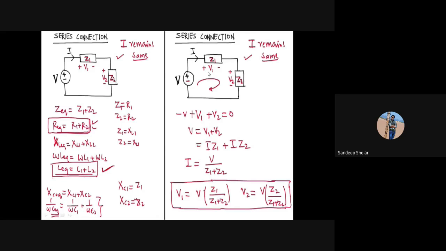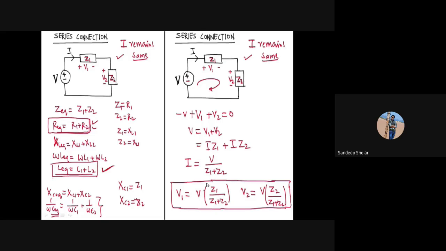Now in the next step, find voltage V1 and voltage V2. Firstly we find voltage V1 with respect to voltage V. V1 is equal to V into Z1 upon Z1 plus Z2, that is the voltage across Z1, because we consider the ratio of Z1 upon Z1 plus Z2.